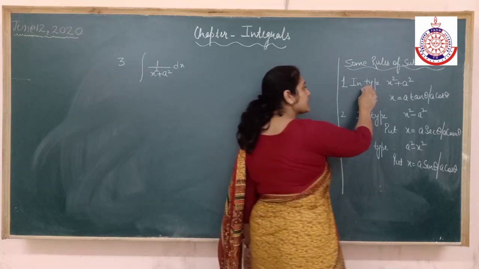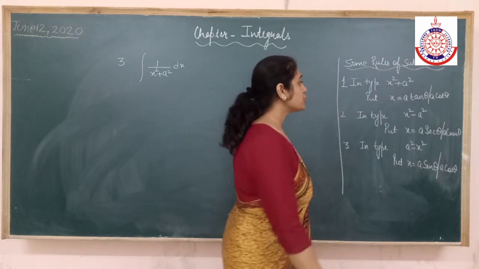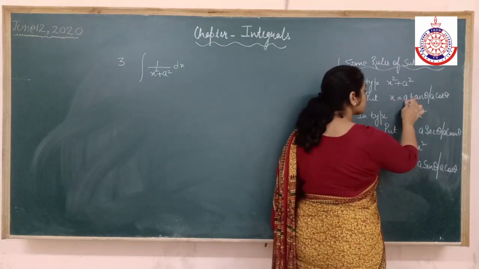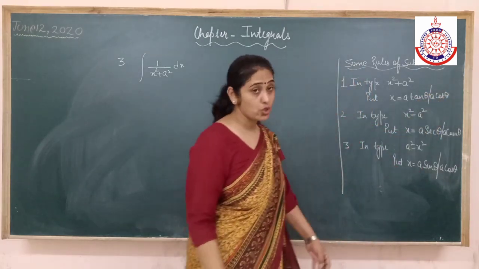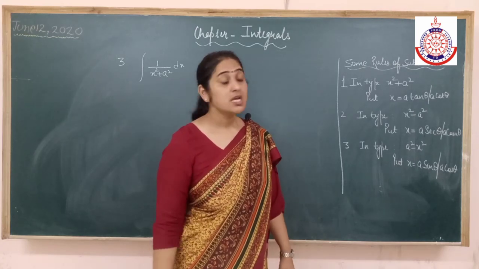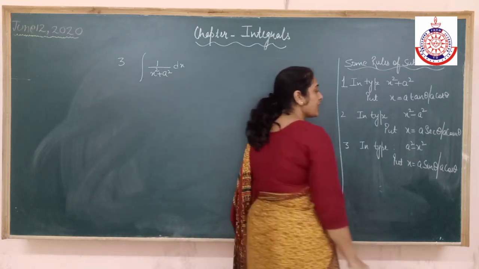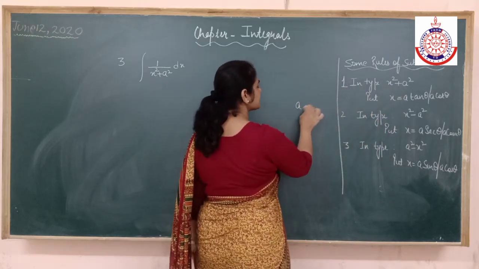If a question has something of the sort x square plus a square, in the place of x we always substitute a tan theta. The question can be solved by a cot theta also. Alright, a tan theta, or it can be solved by a cot theta also. Fine, and preference is always tan. There is some reason, just a simple thing, nothing as such to cram.